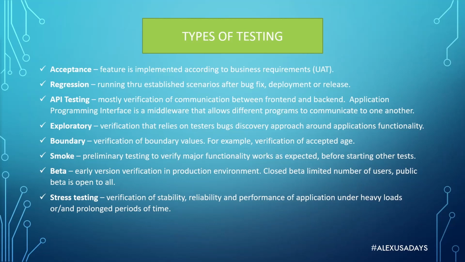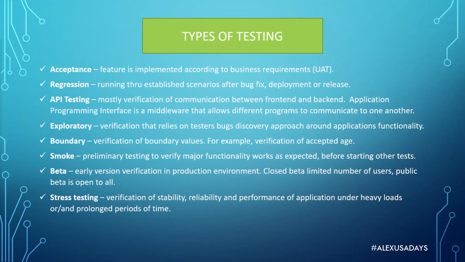Then there is a type of testing called beta testing, and beta testing is early version verification in production environments. So the environment that actual users will be using, on those servers and so on. There are two types of beta testing. There's closed beta, which has a limited number of users, and there's public beta that is open to all.